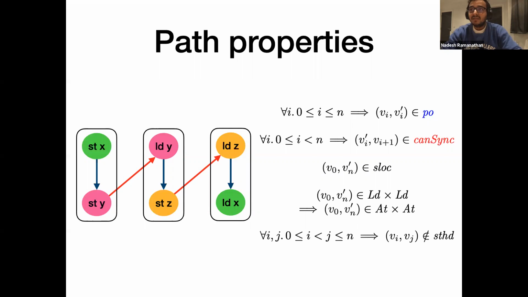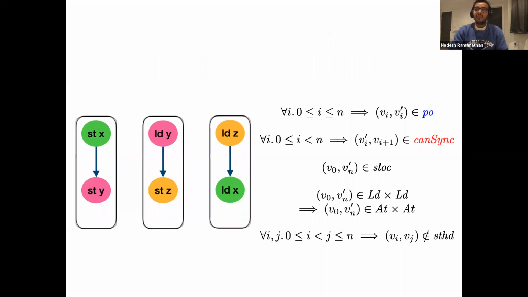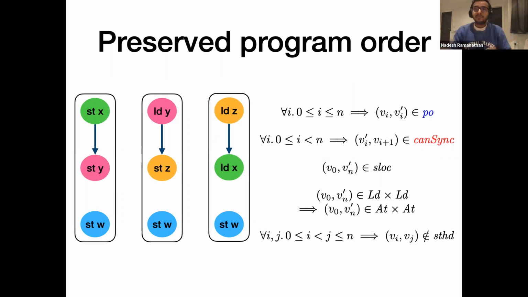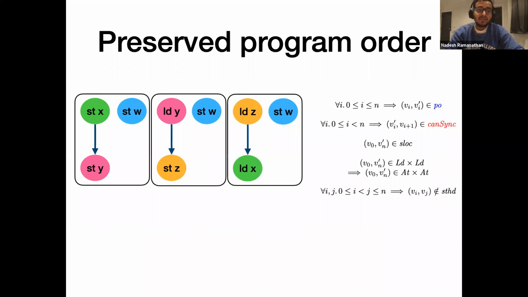And using these path properties, what you do is you just extract the PO edges, which are the program order edges, and give this to the scheduler of each thread, which will then be able to schedule these operations in order. And what happens is, if you have different operations in your thread, for example, here I've just randomly inserted other operations which are not connected by any program order edges that we need to preserve, they can actually then run in parallel.